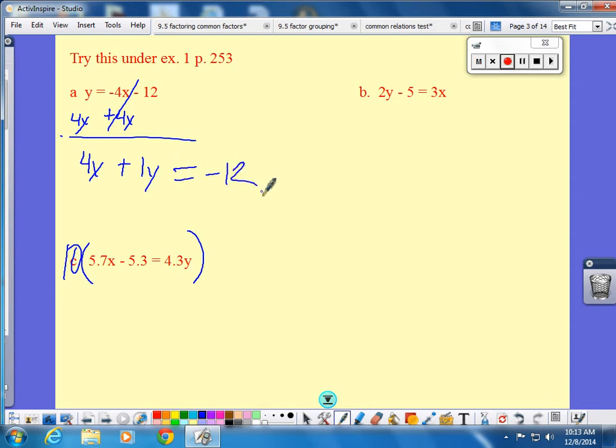Alright, next. No, you can just put y. You don't have to put 1y, you can just put y. But on this one, about the only thing you can do is add 4x to both sides.